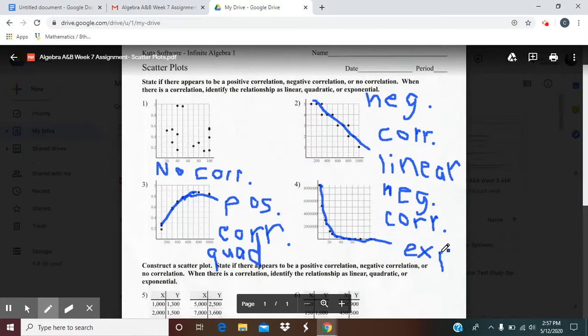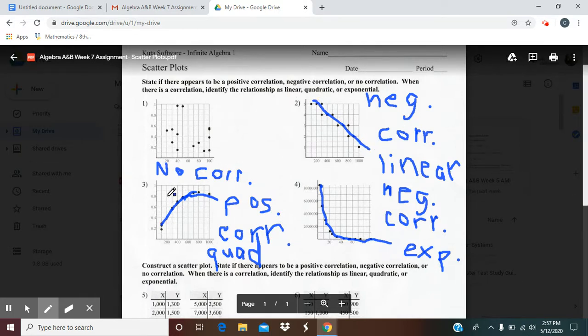So hopefully from this you can see the difference between them. If there's no pattern, if they're just scattered everywhere, it's no correlation. In number 2, we have a linear relationship because it's all trending the same way and there's no curve. But it was negative because it was decreasing from top to bottom.